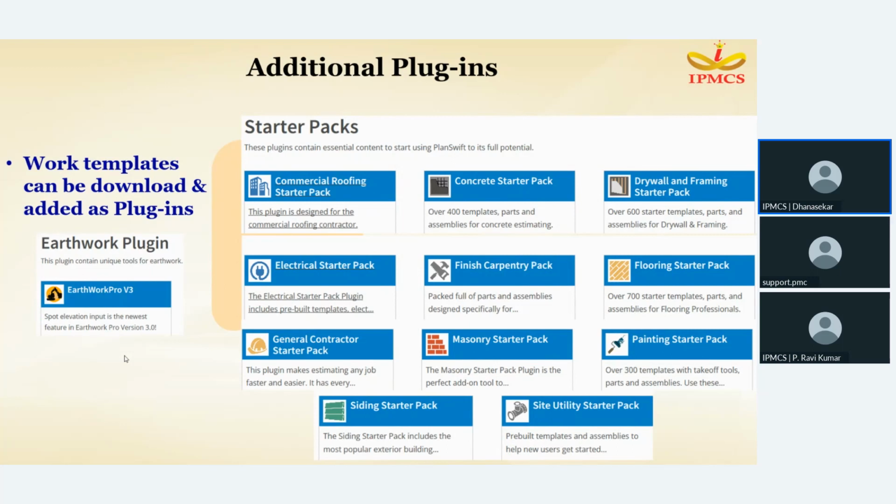Carpentry packages will help for any woodwork like doors, windows, and any framework in the data center project. If we use RC walls, reinforced concrete walls, we can use the drywall and framing starter pack as a plugin. This makes the work easier by using the templates. Like this, these plugins help in and out for all projects, for customizing the quantity takeoff more easily.